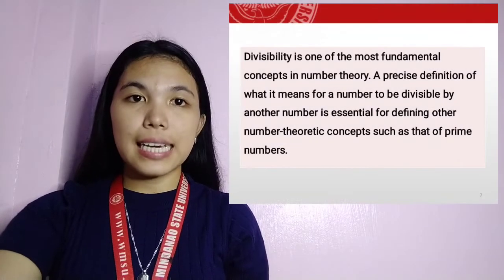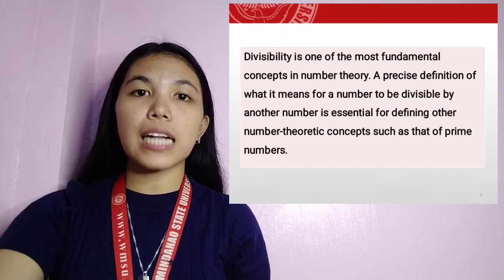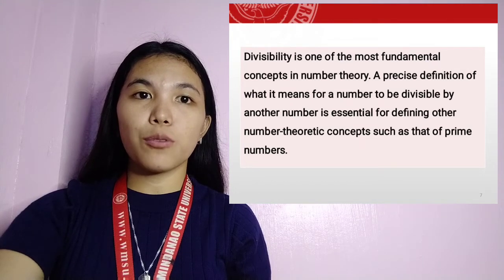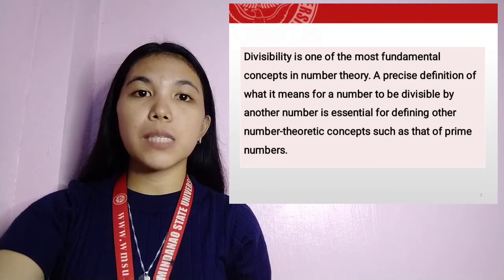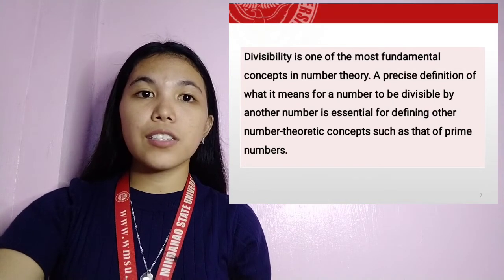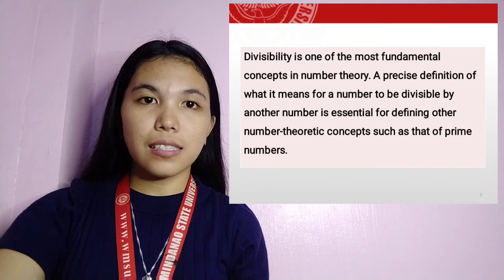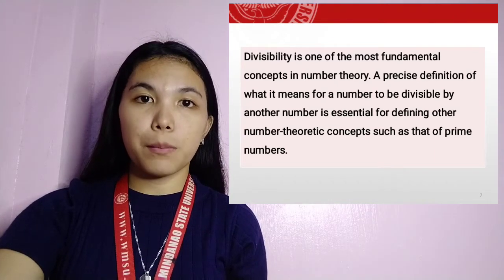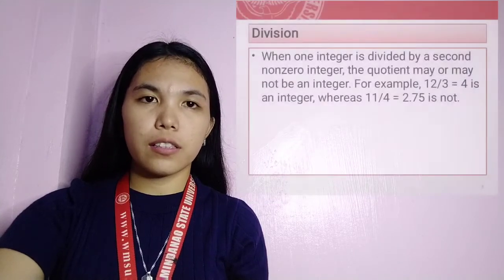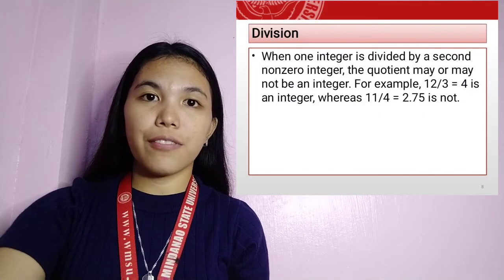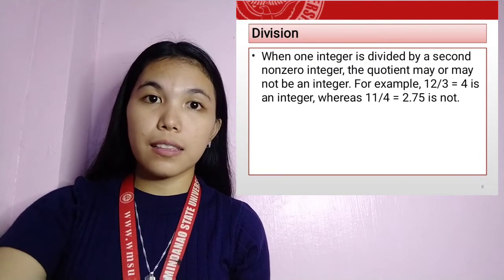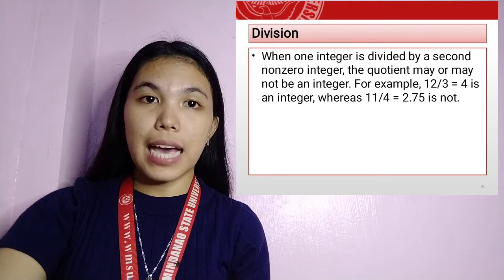So, divisibility is one of the most fundamental concepts in number theory. A precise definition of what it means for a number to be divisible by another number is essential for defining other number theoretic concepts such as prime numbers. So, we'll define division. When one integer is divided by a second non-zero integer, the quotient may or may not be an integer.